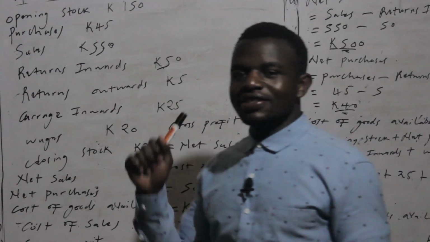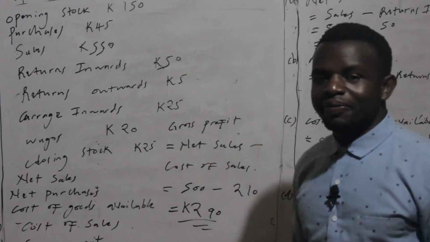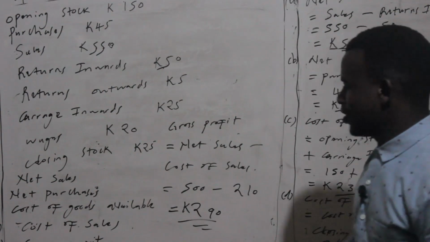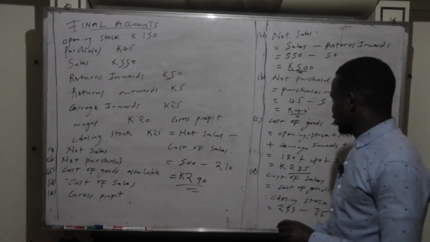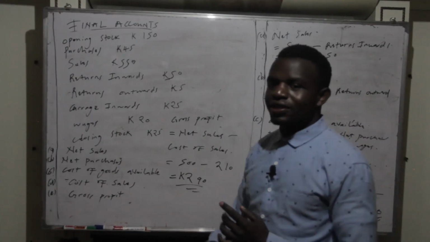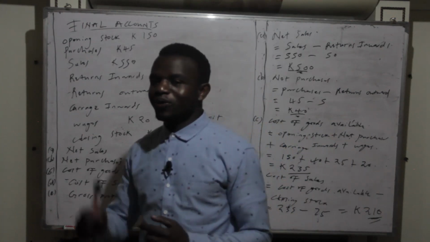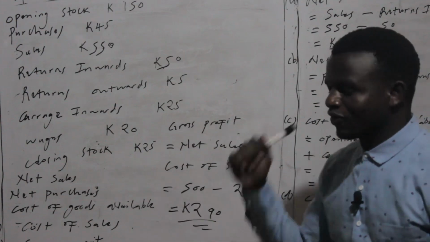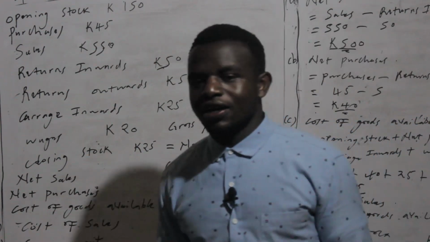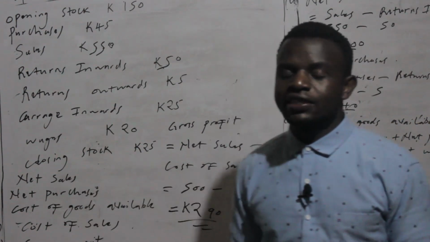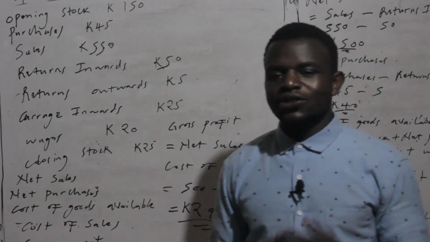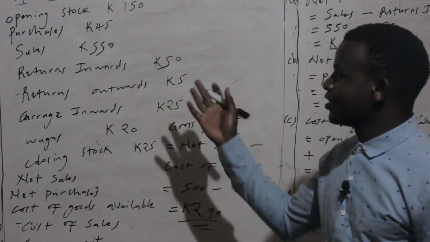The formula is opening stock plus net purchases plus carriage inwards plus wages. Then for cost of sales, it is cost of goods available minus closing stock. Then the formula for gross profit is net sales minus cost of sales. So that's how you can find this question.